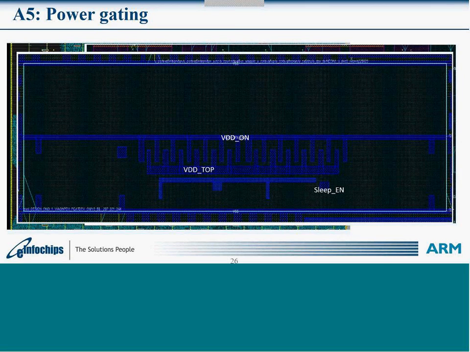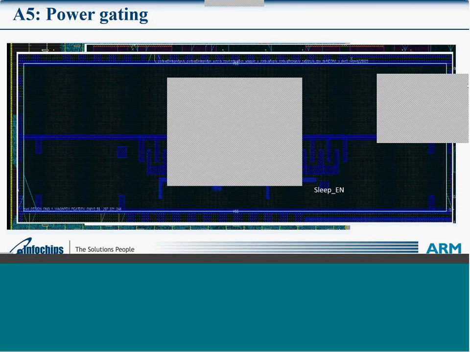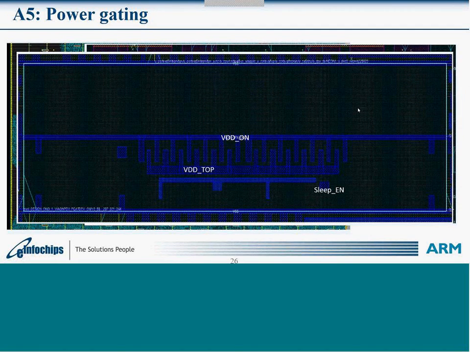Where the sleep enable signal is on, the power is enabled and then VDD on gets generated, and VDD on is supplied to the entire rails of the A5 block. So whenever we want to power on A5, we enable the sleep enable signal of all the power gating cells, and the complete A5 block gets powered on.